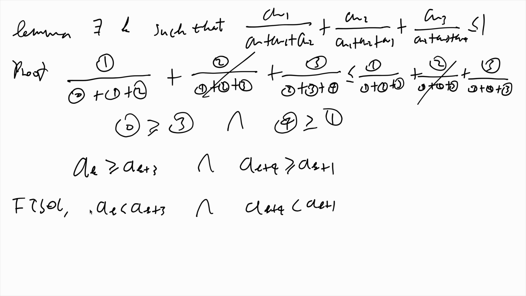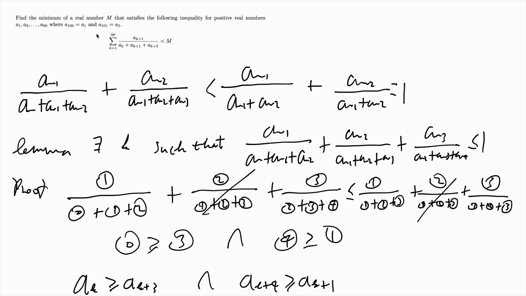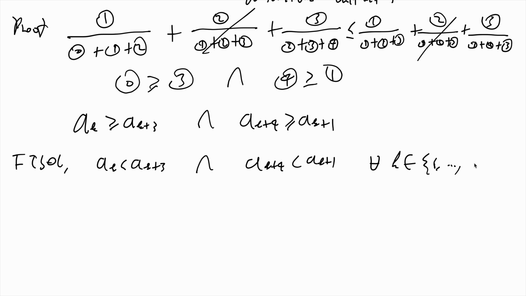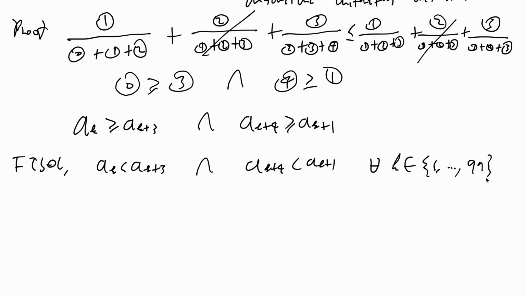However, if we disprove that for all k, because it's 4, we should be able to define it. We have it until 102, right? No, 101. So 97 would be good, I think. So if we disprove this, that means there exists a k such that this is not true.